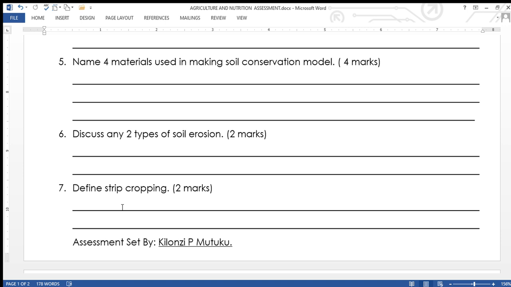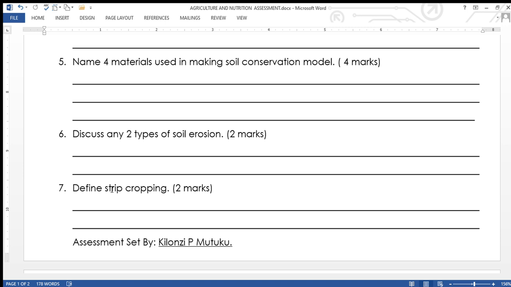Yes, be audible. Planting different types of crops along the contours in narrow sections called strips. Very good. They have added a narrow section called strips. And all those definitions are correct. So if you had written one of them, you could have gotten 2 marks. Are we together?